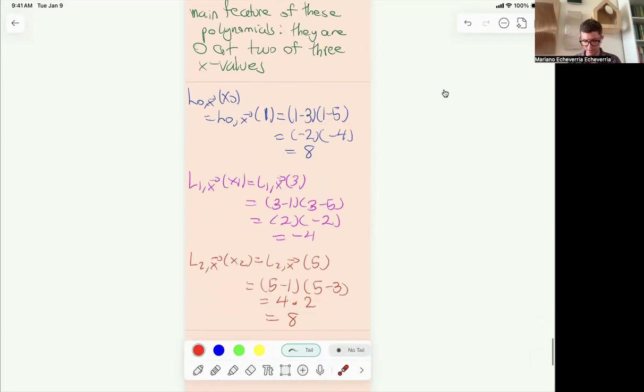Okay, and here I'm computing the non-zero value at the corresponding x value. Okay, is everyone with me on what I have computed so far? You'll see why I am doing this in two more lines. I'm almost ready.